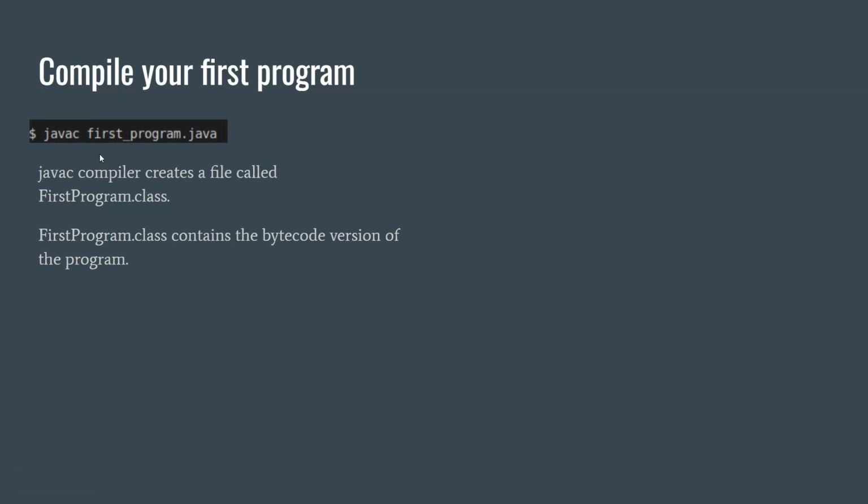But after you install JDK, you can invoke the javac program, which is the Java compiler, and provide your Java source code, and then it's going to create a file called FirstProgram.class, which will contain the bytecode version of the program.